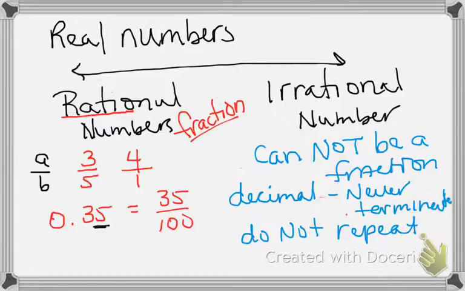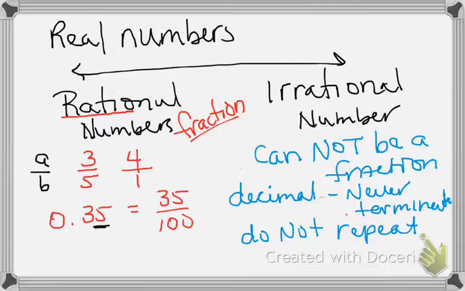So you're looking for a number that you can't make into a fraction, and if it's in decimal form, the decimal never stops; it keeps going on, and there's no pattern; it just never repeats.